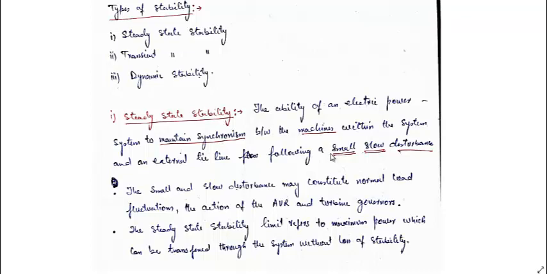This is the maximum value beyond which, if we transmit the power, it will result in the instability of the system, or up to that point, if we supply that power to the system, it will come back to the synchronous or the normal operating condition or steady state operation condition. So this is known as the steady state stability limit.